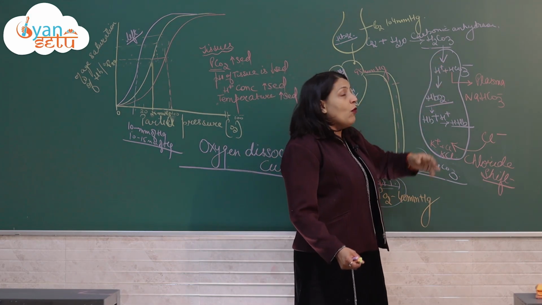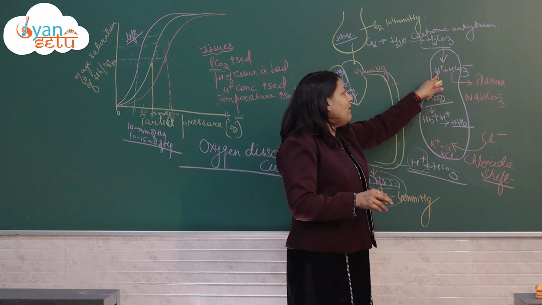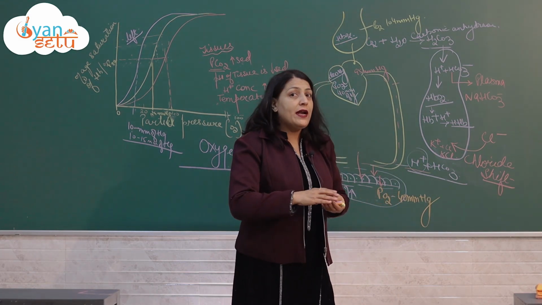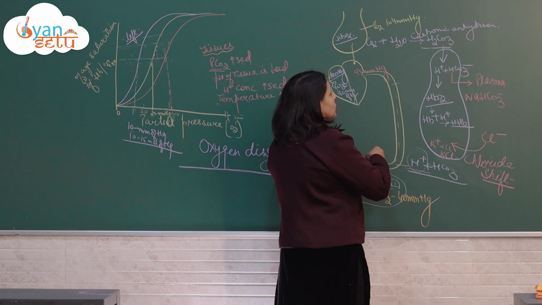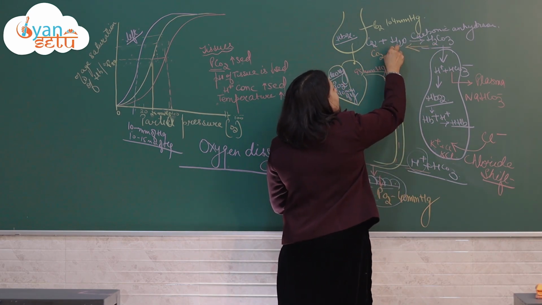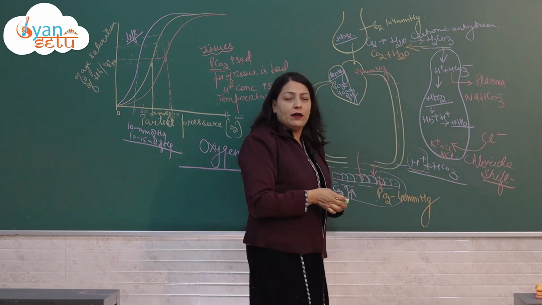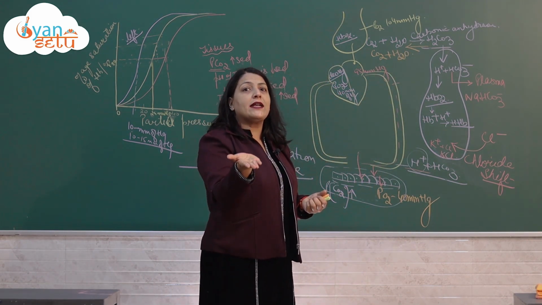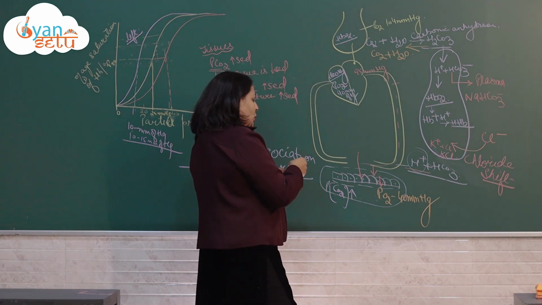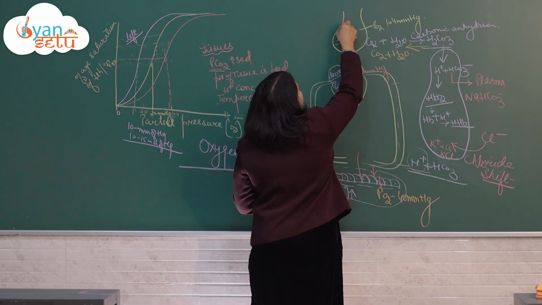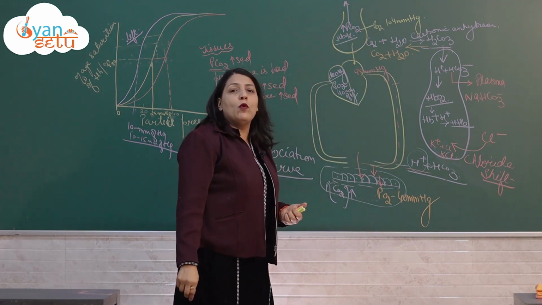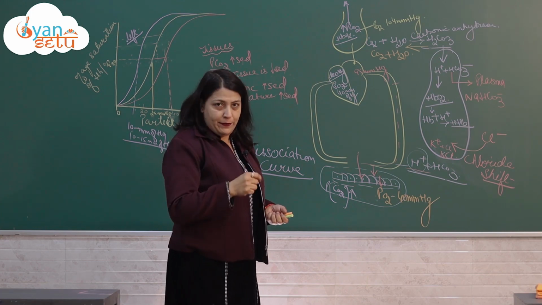That means what will happen? The body will say no H ions can be formed, so acidity will be decreased, and H2CO3 will change back to carbon dioxide and water, due to which carbon dioxide pressure is increased, and due to increase in pressure of carbon dioxide, it tends to move out of the blood.